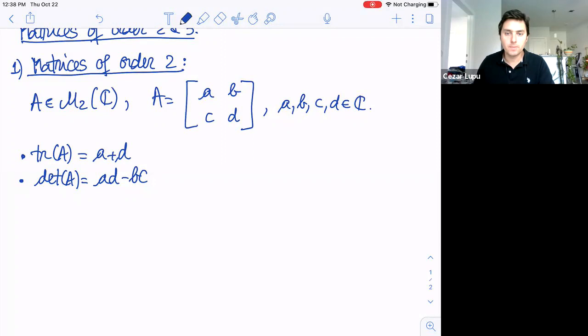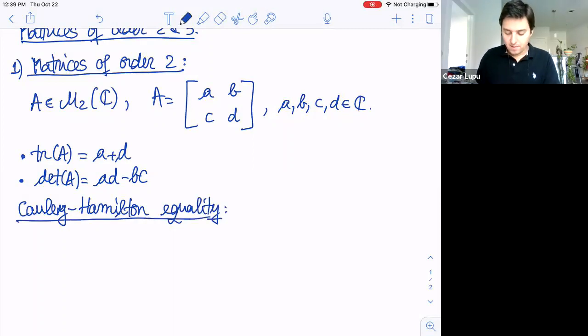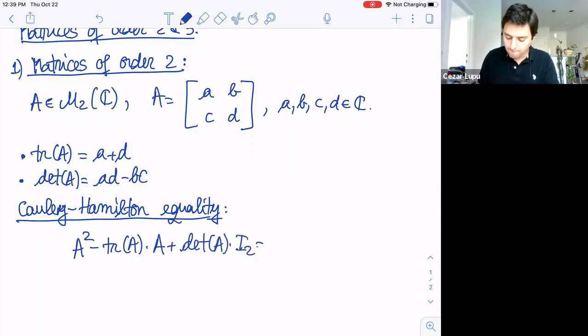Now, there is one thing that you need to know, the Cayley-Hamilton equality, which says the following: A squared minus trace of A times A plus the determinant of A times the identity is the null matrix, right?